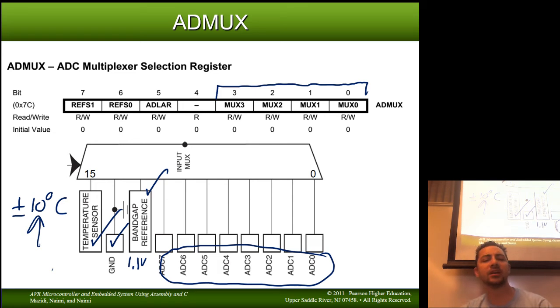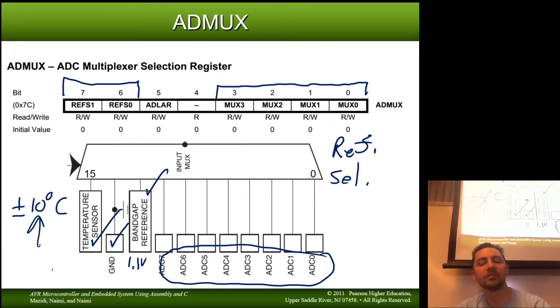The other field in the ADMUX register is REFS, which stands for reference selector. And we have a lot of options when it comes to the reference. I know I said we only have a 1.1 volt reference. That's the only provided reference.